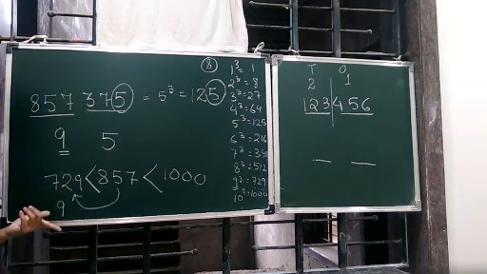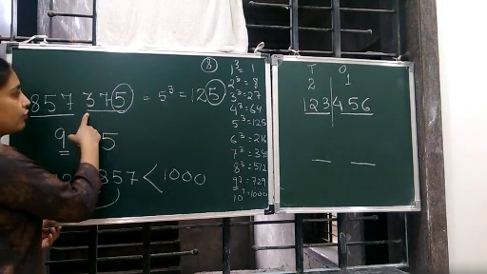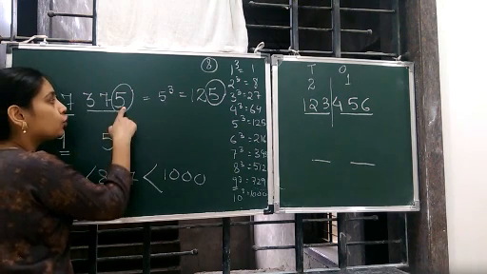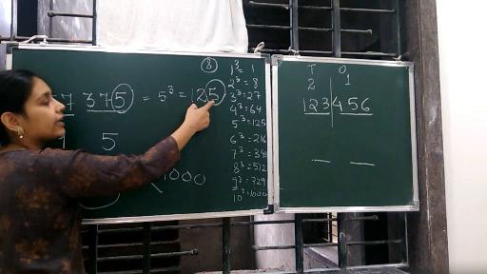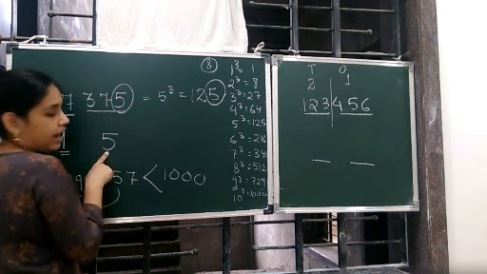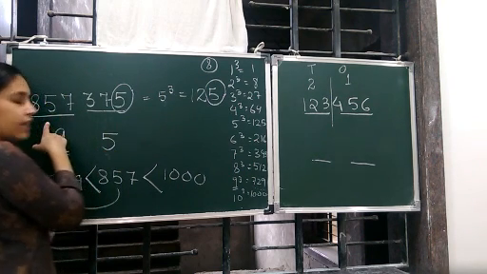Got it? So what did we do? Again we will see. We group the numbers. In the first group, we take the last digit, find the cube of it, take its units place, and it becomes the answer in the units place. Then we go to the second group.